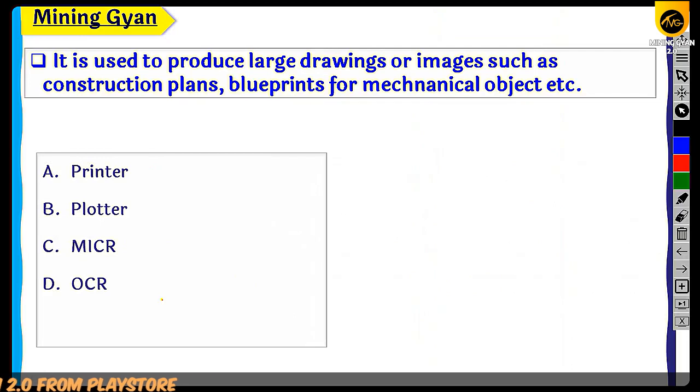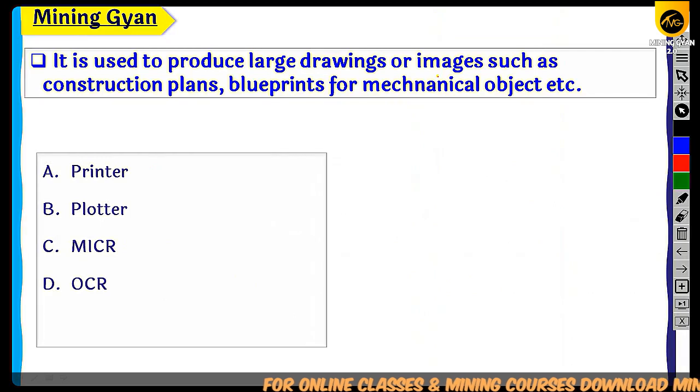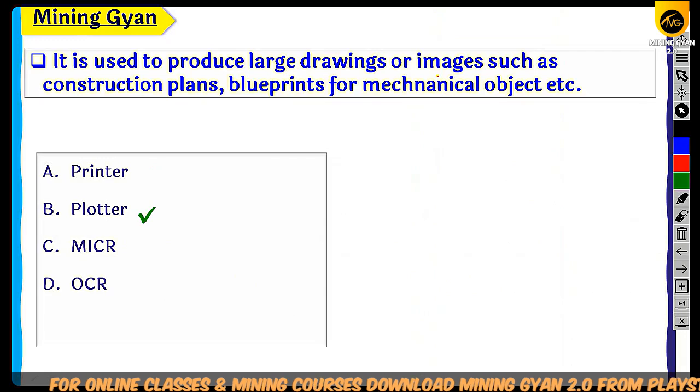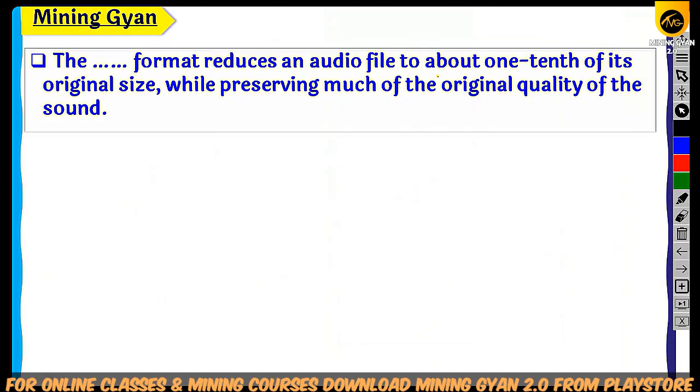The printer is an output device used for printing, but there is an option plotter. A plotter is a device used to produce large drawings or images like plans or blueprints for mechanical objects. So option B is the correct answer. Okay, so the answer is the plotter. Next question.